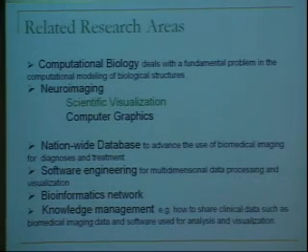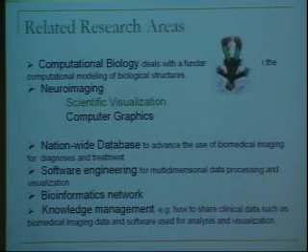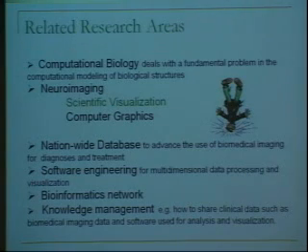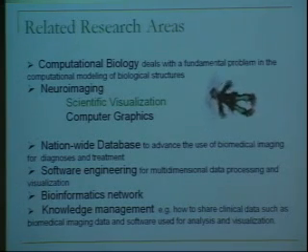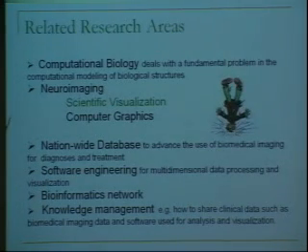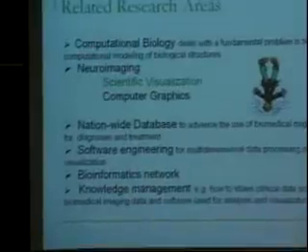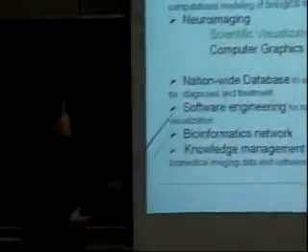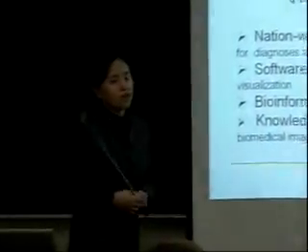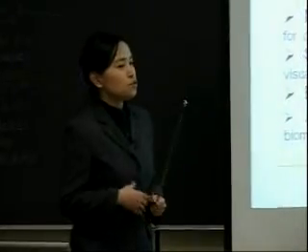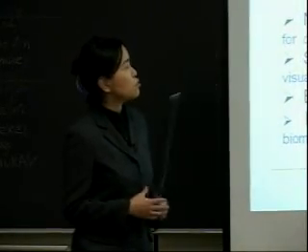Since brain mapping is very complicated, it involves pretty much every research group in computer science. For example, computational biology gives you the fundamental biological structures for the modeling, and neuroimaging gives you the implementation of those models.